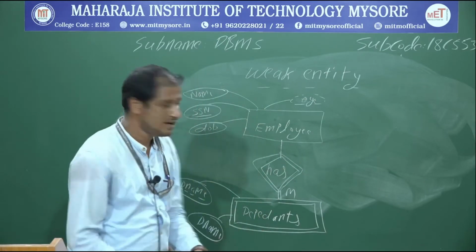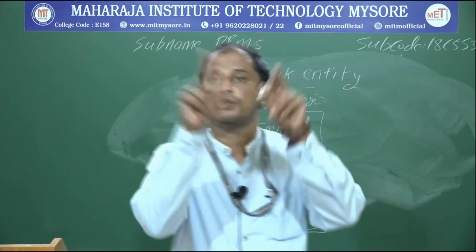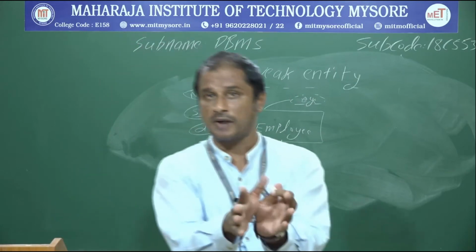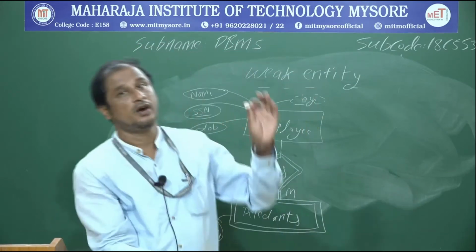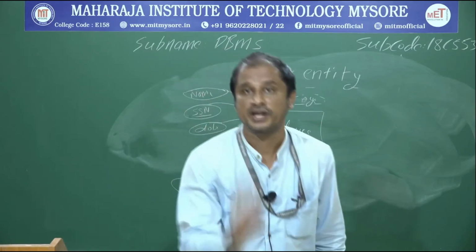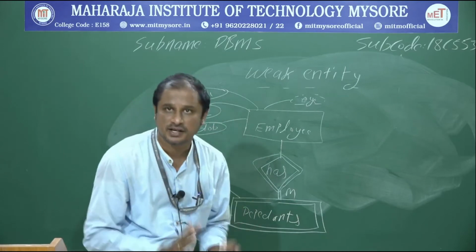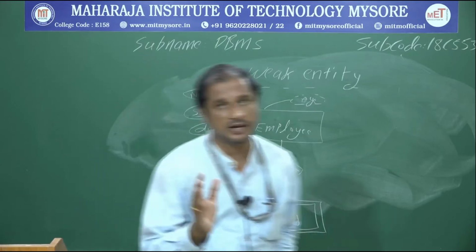So my SSN identifies dependents with the double line, with the relationship double line, with the total participation, with the many, with the dashed line. That is called a partial key, which has to be contained by the weak entity. A weak entity has a key called a partial key. A strong entity has a key called a primary key.